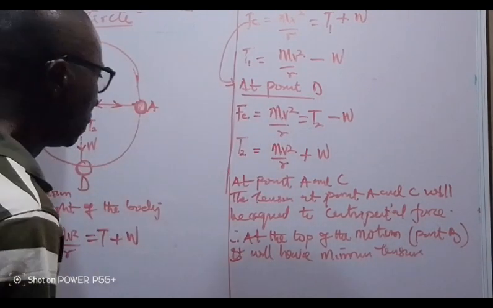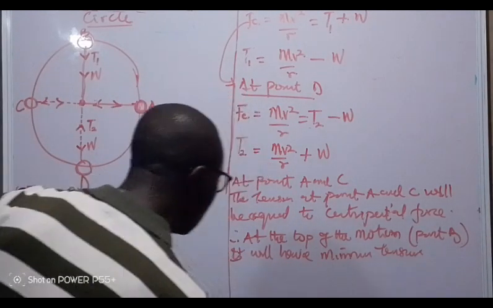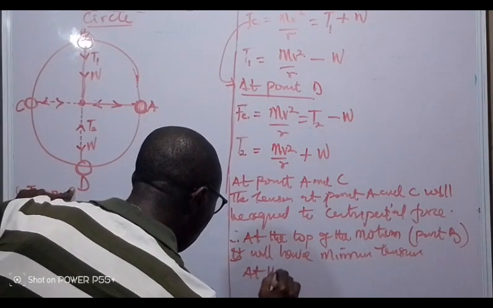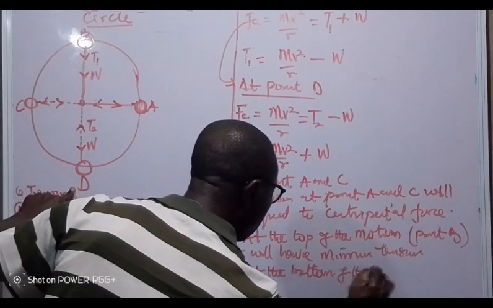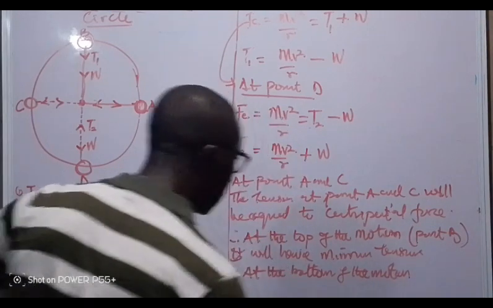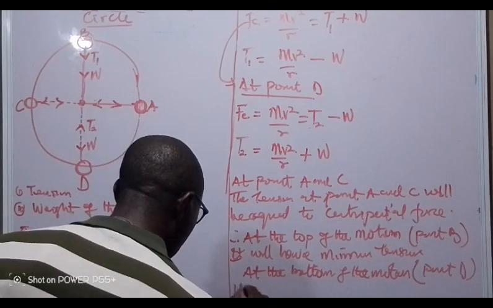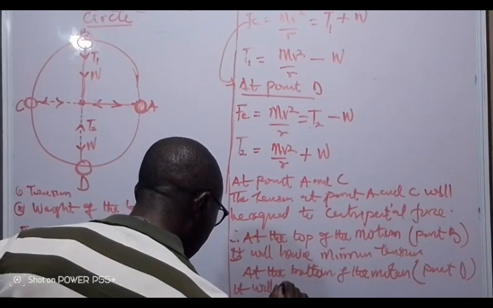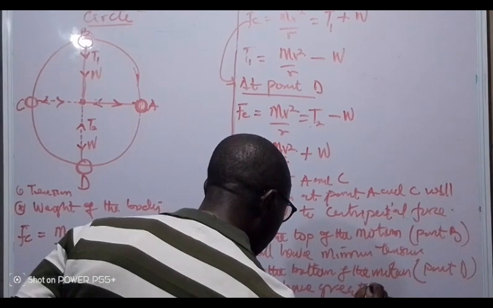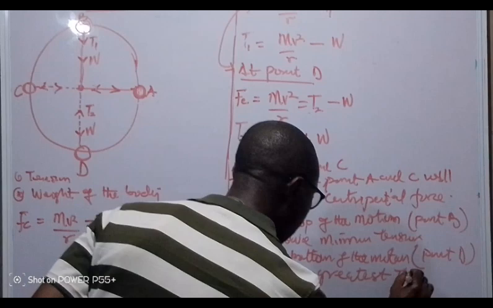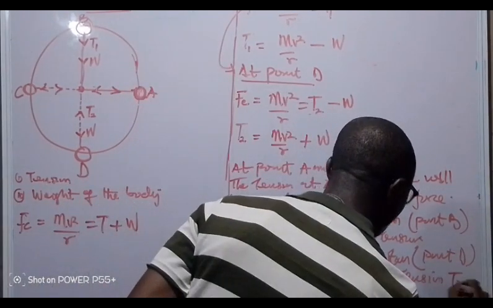At the bottom of the motion, that is at point D, it will have the greatest tension, which is T2, while this one is T1.